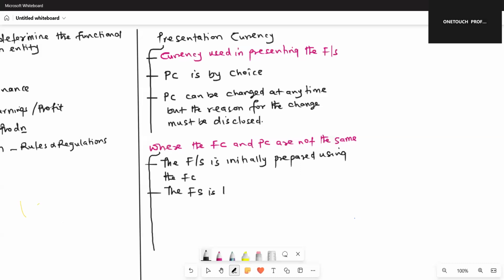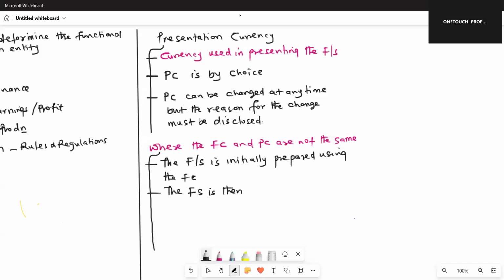I thought that initially the financial statement is prepared using the presentation currency, and then I said the functional. The functional is what you have used in recording the transactions in your books. So you present the financial statement using the functional currency. And because your presentation currency is different, after that you translate from the functional to the presentation before it can be available to the public.